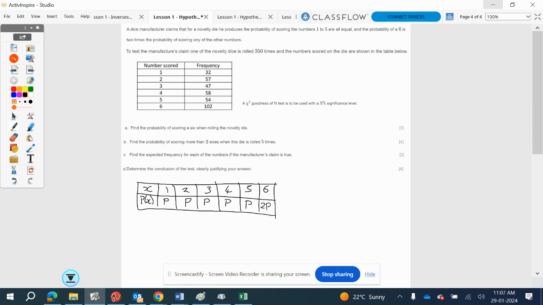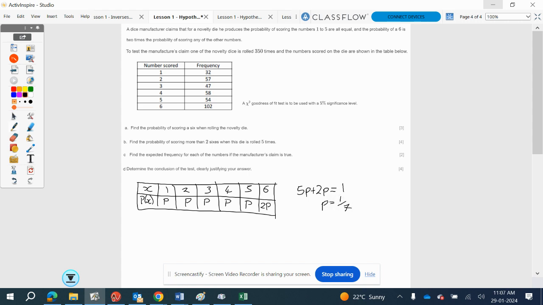And if you remember with these ones, the sum of all of these probabilities has to add up to 1 in a discrete probability table. So we have 5p plus 2p is equal to 1. So p is equal to 1 over 7.